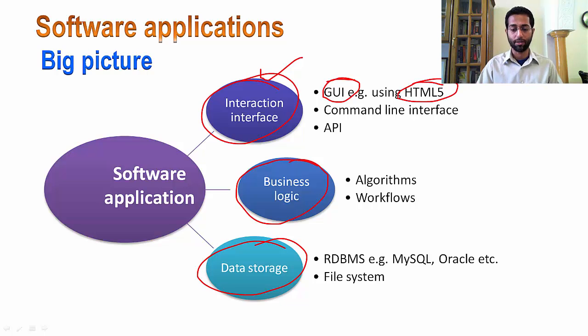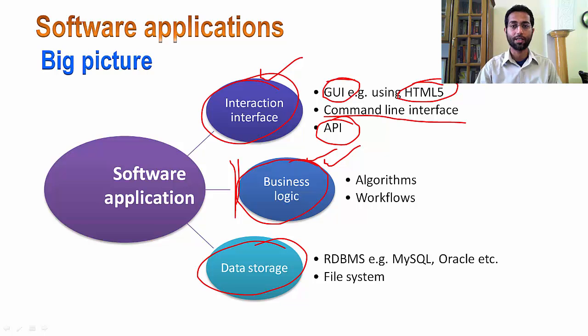Another way to interact with the application is through command line interfaces. Alternatively, if the application is offering some sort of service for programmatic consumption, then that interface is typically called an application programming interface.